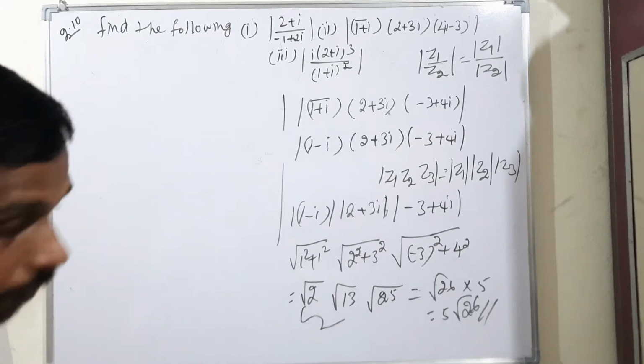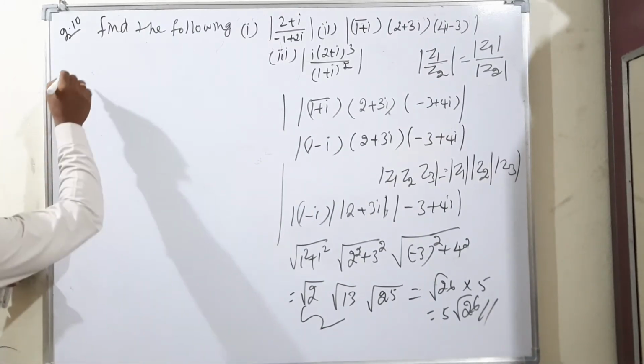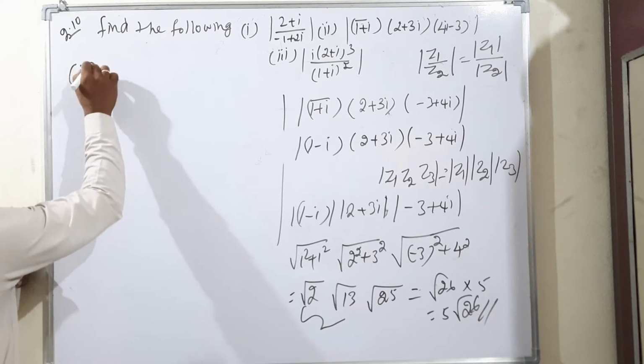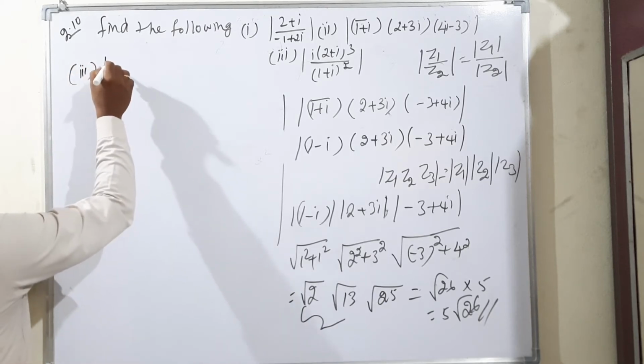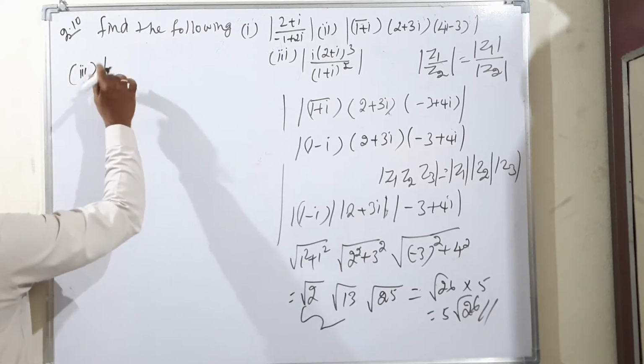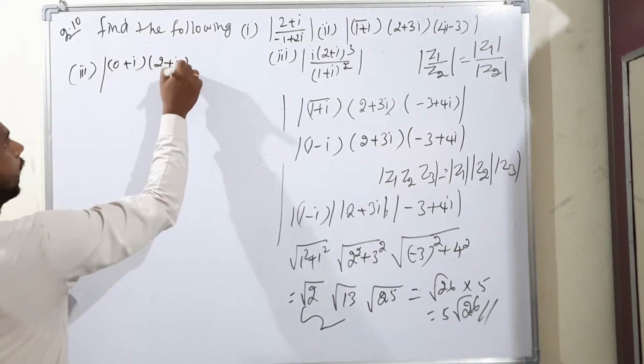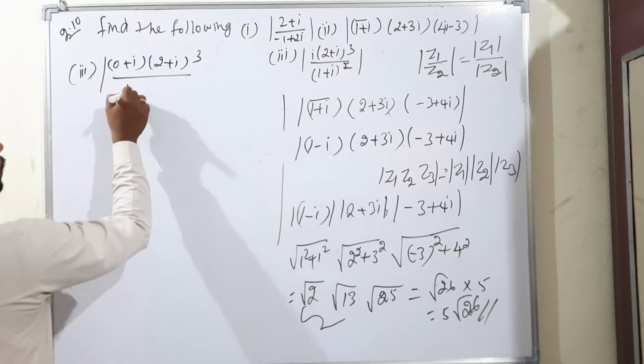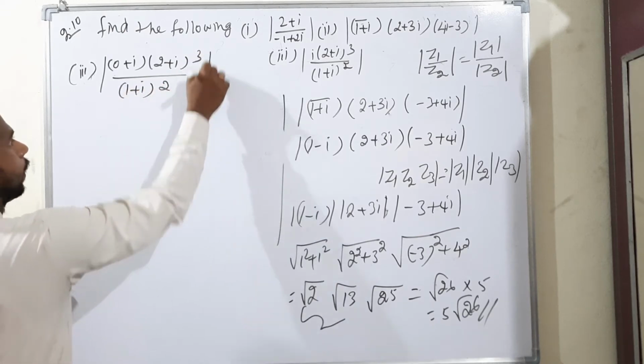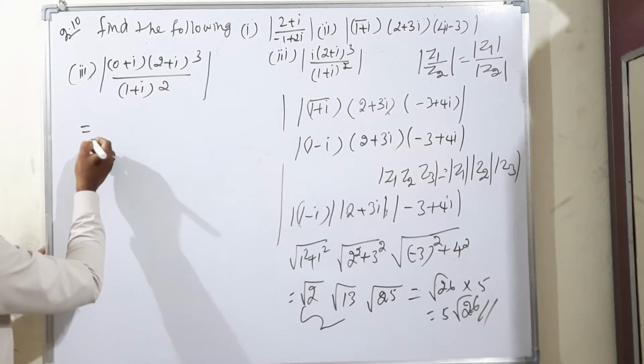Subdivision third. What is the question? Modulus of i, we can write now 0 plus i, then 2 plus i the whole cube divided by 1 plus i the whole square. First we have to make it separate, isn't it?